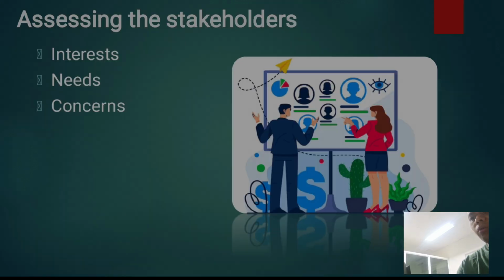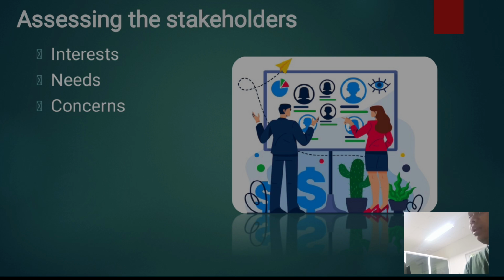So when we assess the stakeholders, we need to focus on three things. First is the interest. So what the stakeholders care about and what they expect. So for both the internal and external, we should identify where the stakeholders see the organization.